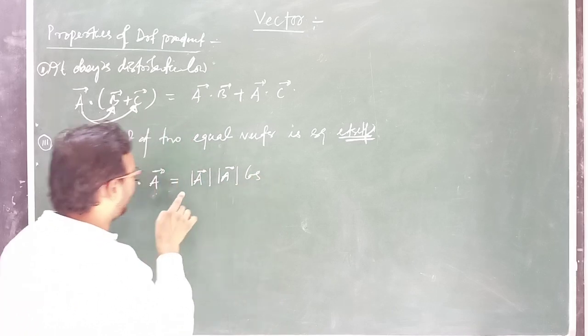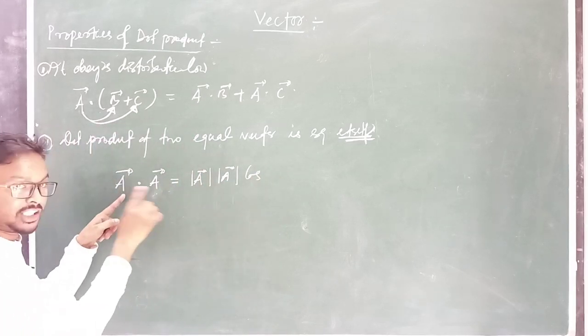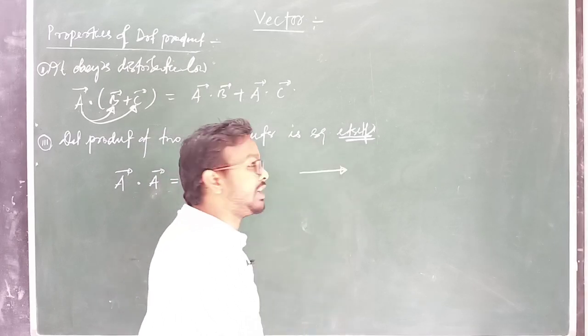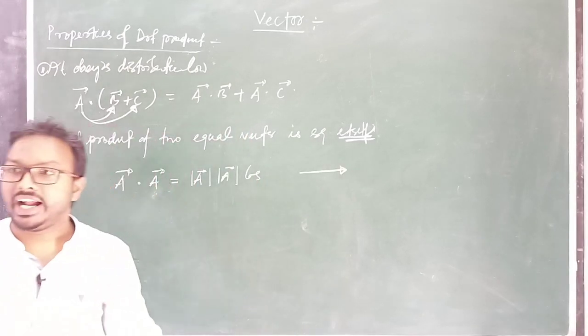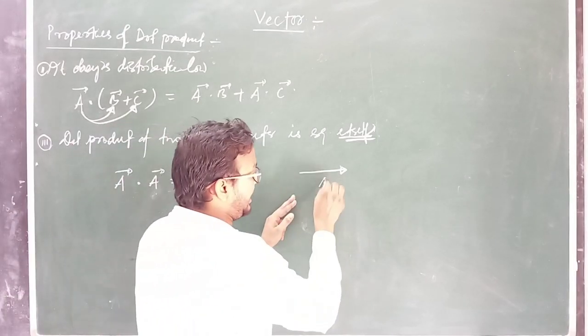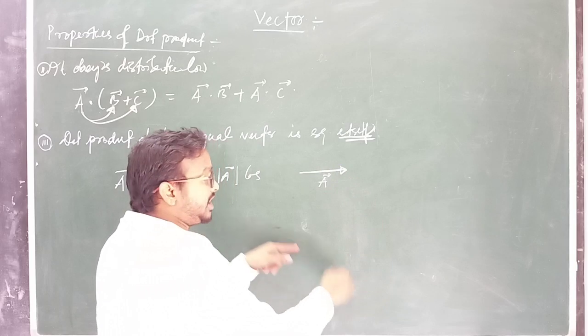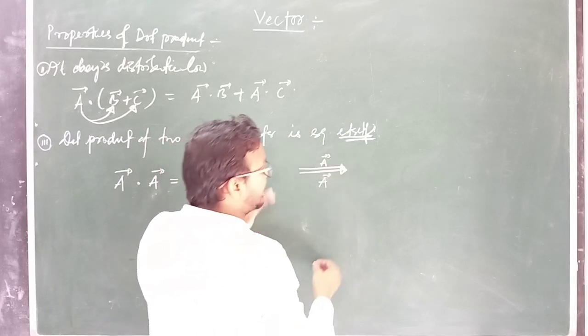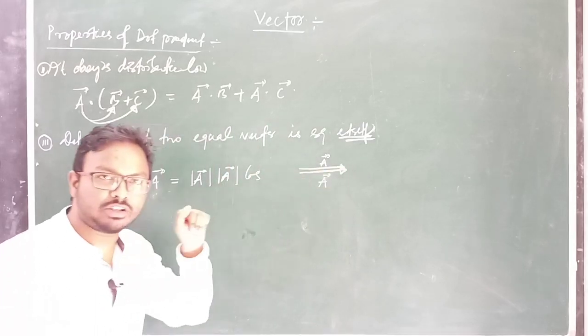What is theta? Theta is the angle between the two vectors. Equal vectors mean both magnitude and direction of the two vectors should be equal. So vector A is here and another vector is also the same, this is also vector A, same direction and same magnitude.